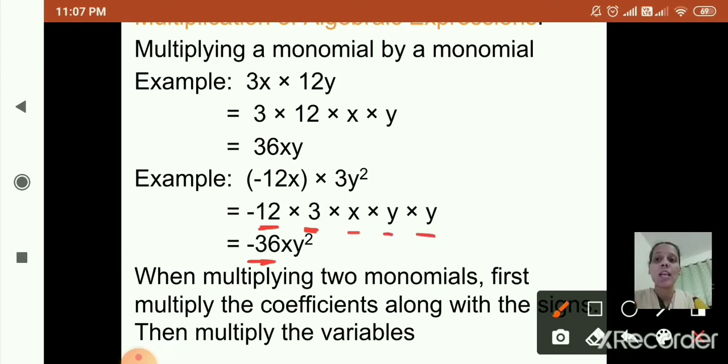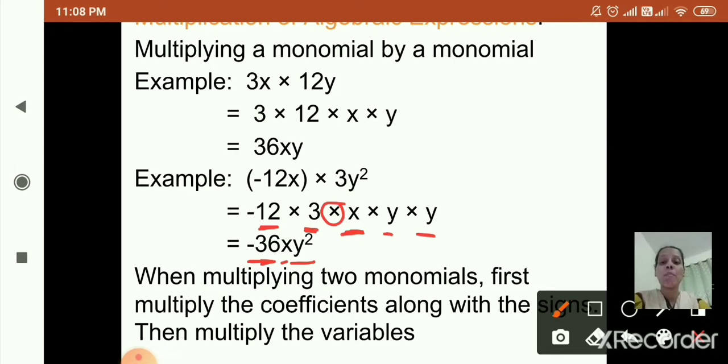So what is the answer? y multiplied by y is y square, and multiplied by x, so xy square. So the answer is minus 36xy square. This is a multiplication sign and this is x. Don't get confused between these.